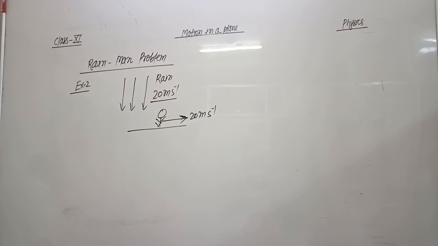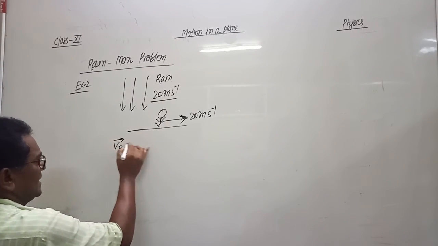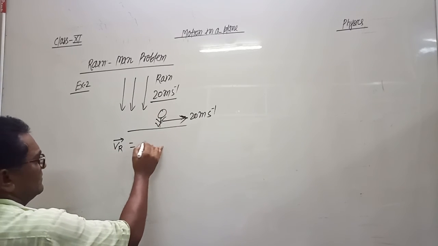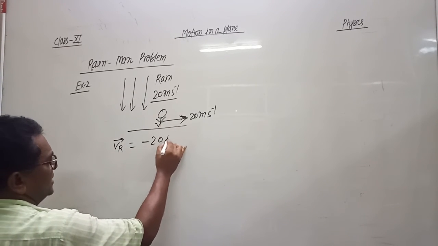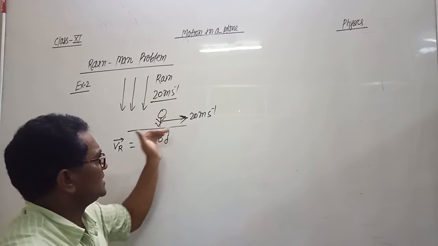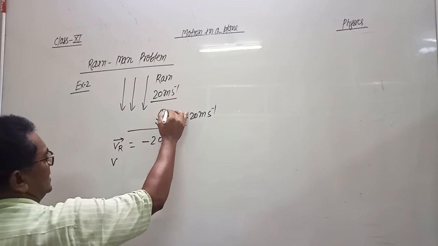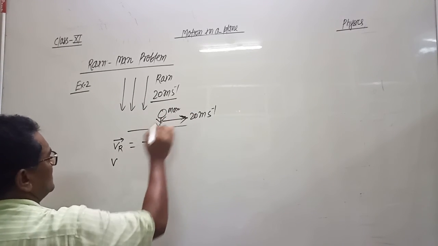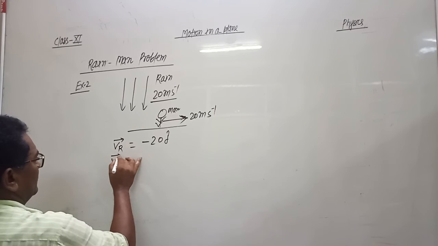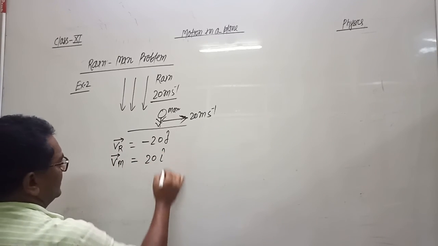So we will find the velocity of rain. The velocity of rain, vertically downward, taken negative, is minus 20 j cap. The man is going in the forward direction, in the direction of the positive x-axis, so the velocity of man is 20 i cap.